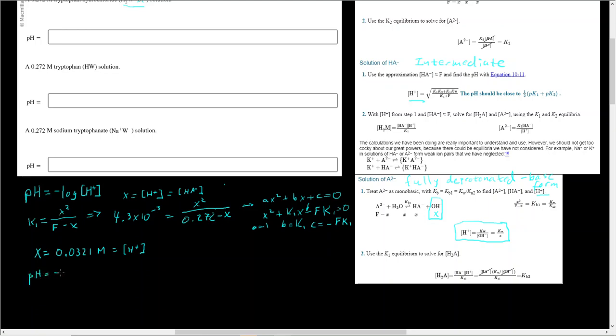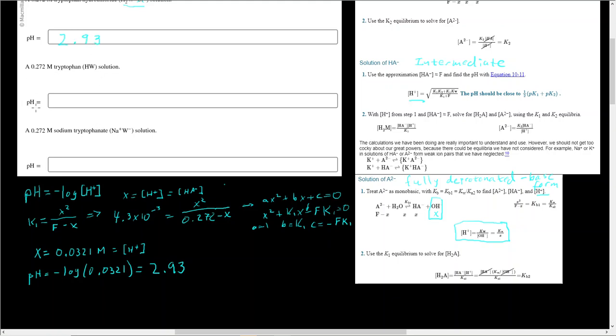So pH is just going to be the negative log of that number, which is 2.93. All right, so that should be what our answer is for this first problem, 2.93.